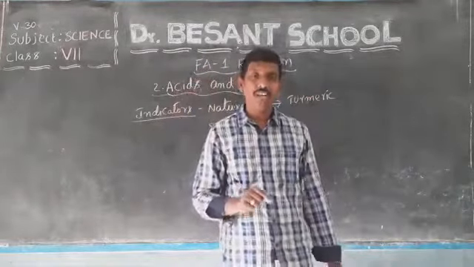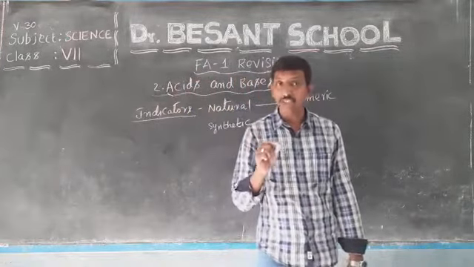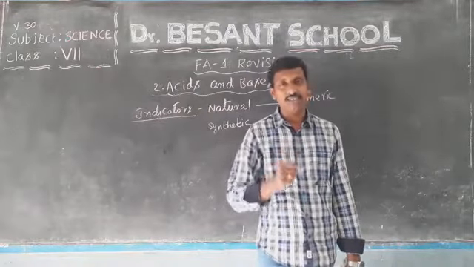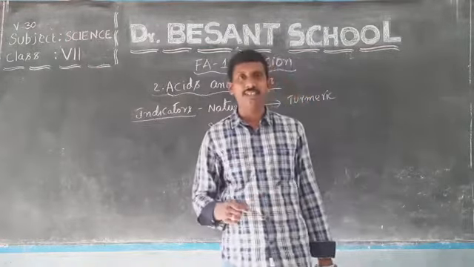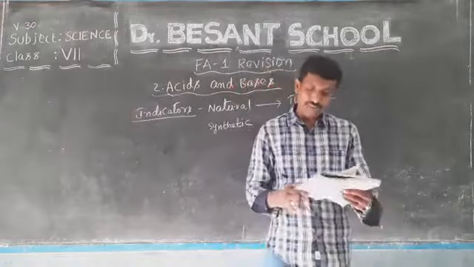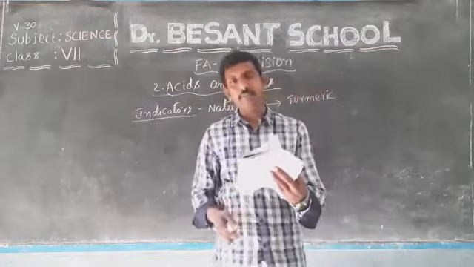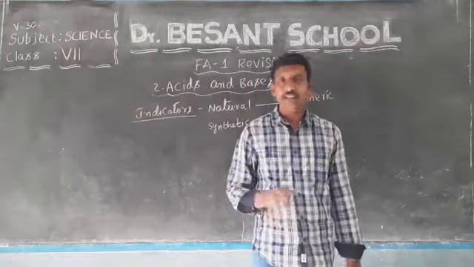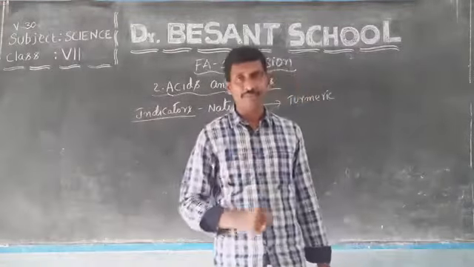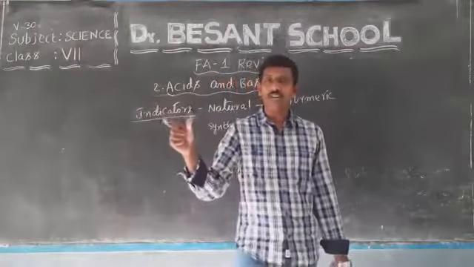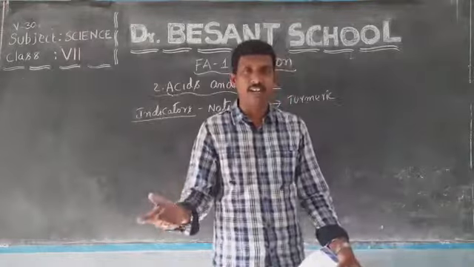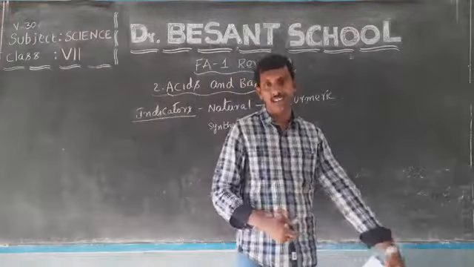Whereas lemon juice, you can take tamarind juice also, and some more: vinegar, apple juice, banana. When these were treated with the turmeric paper, there is no change in the color. Isn't it? So here we have two types of substances: one that changes color from yellow to red and one that doesn't change color.